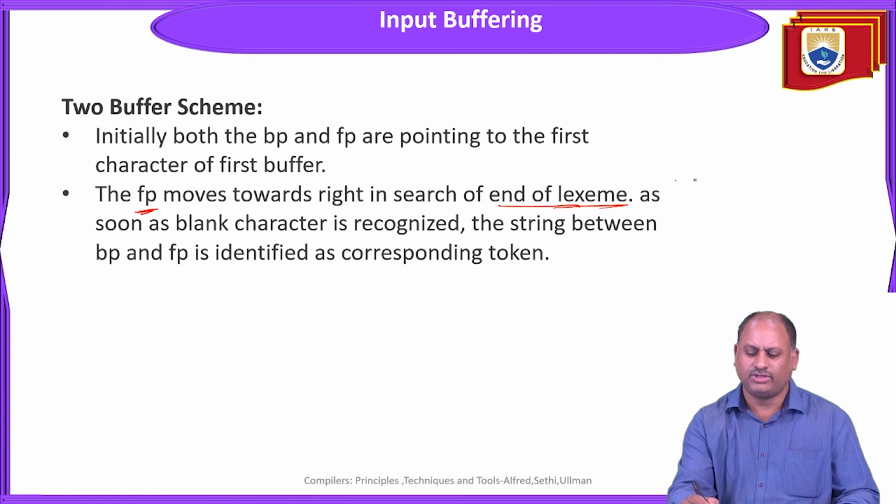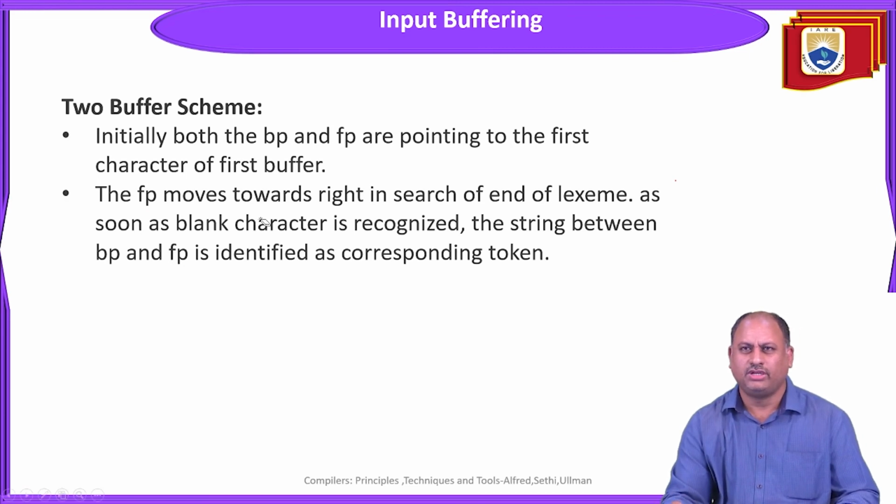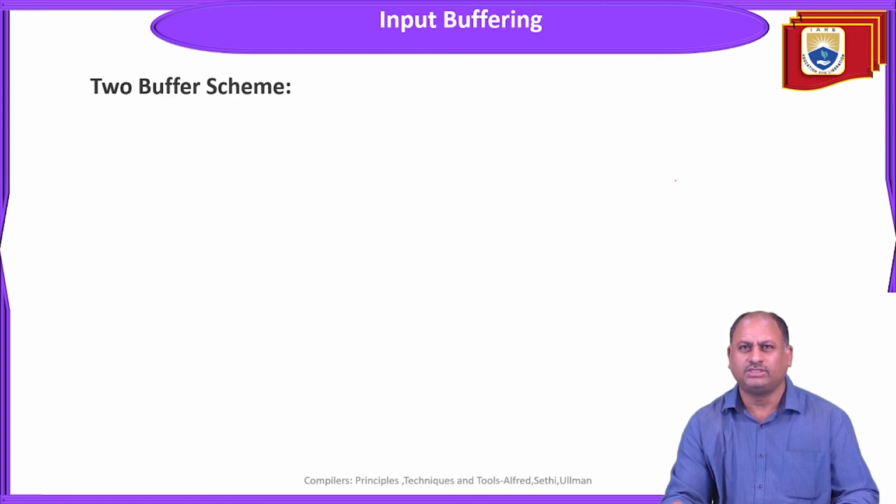In the previous example, we take int as a token, and it is released. Once the first buffer is completed and its end is reached, we move to the second buffer.